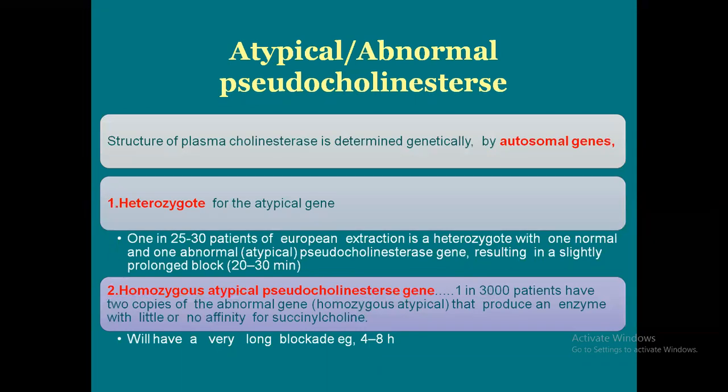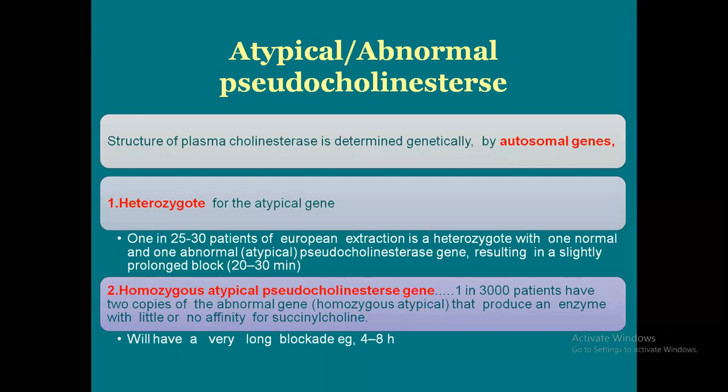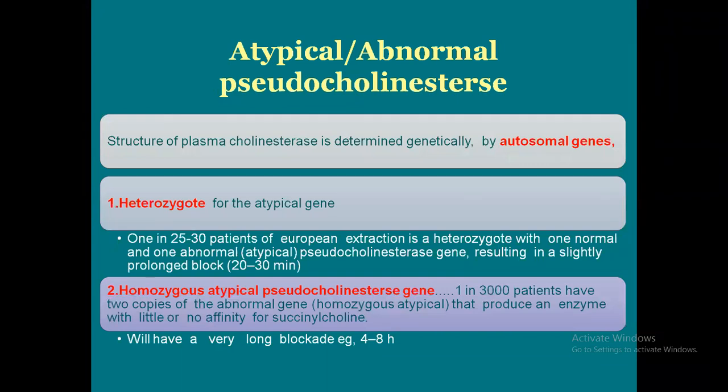So what I said, scoline acts for 5 to 10 minutes, but in people who are heterozygous for the atypical gene, the effect lasts for 20 to 30 minutes. But the problem happens in homozygous atypical pseudocholinesterase gene, which is found in the Vaishya tribe or Comatlu. 1 in 3,000 patients have 2 copies of the abnormal gene, homozygous atypical, which produces an enzyme with little or no affinity for succinylcholine.